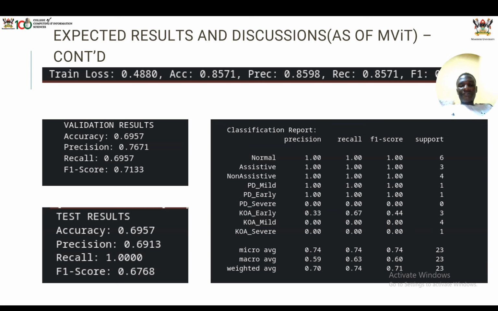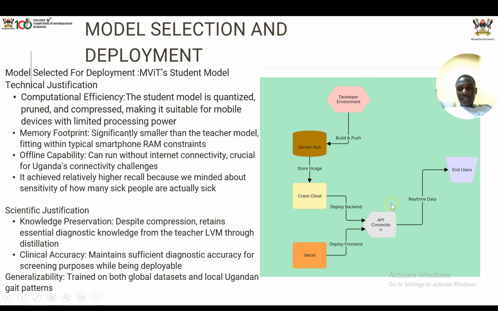We saw that PD severe had very few videos, and even in some testing it did not appear in some of the batch samples that were picked in model training, and it therefore had a 0% precision, recall, and F1 score.